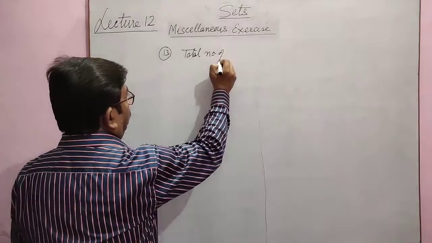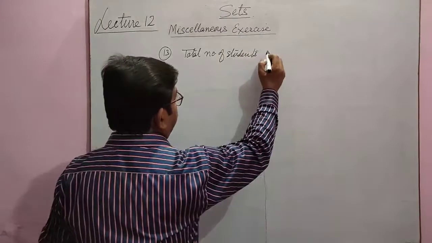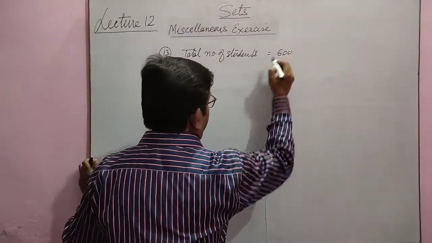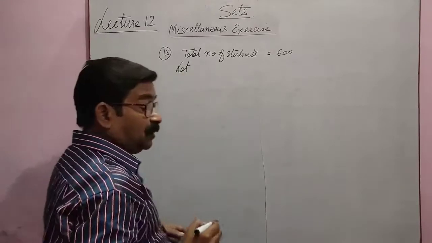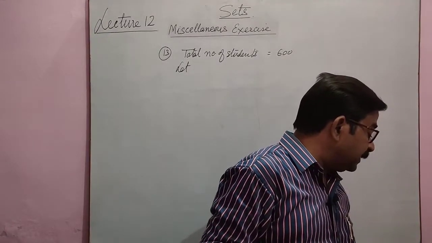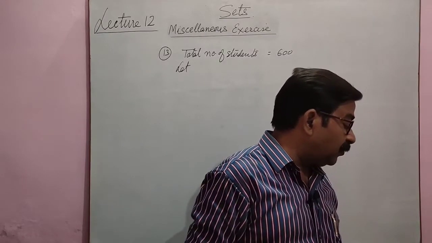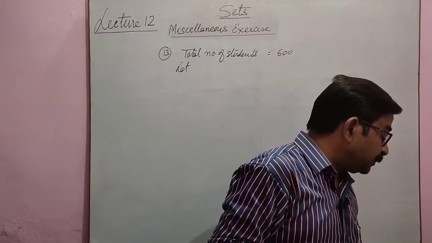So we are given total number of students 600. Let the two things be tea and coffee. So I am using capital T for tea and C for coffee.